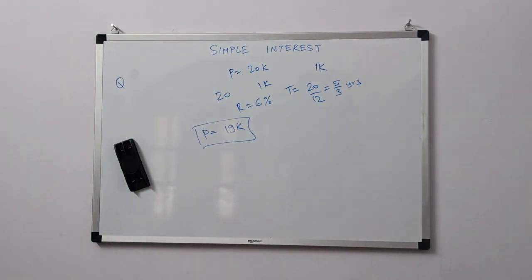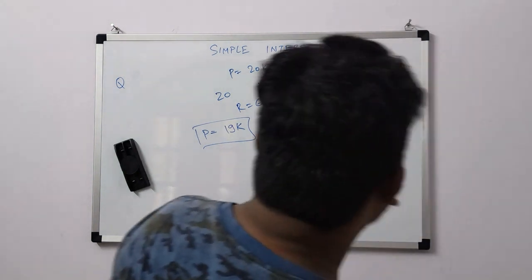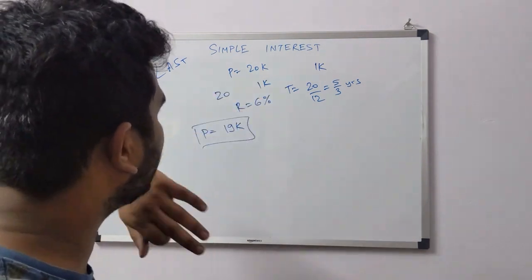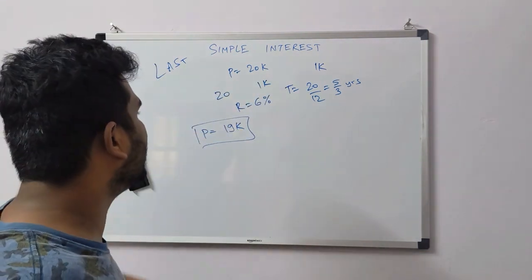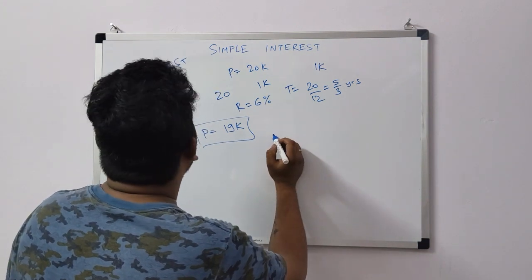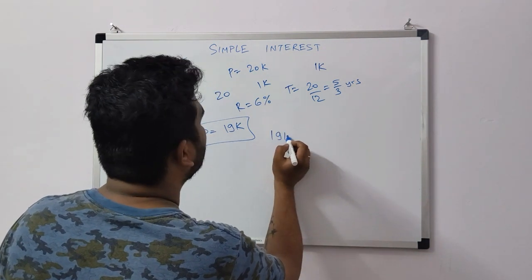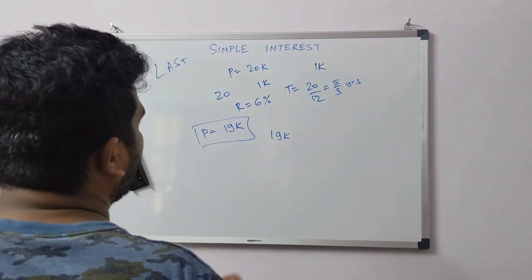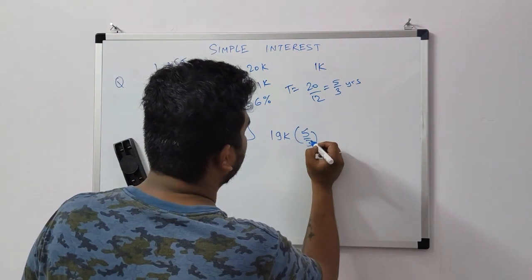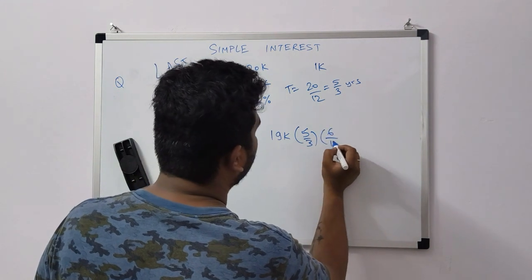Now it is asking me the value of the last installment covering the interest. What happened? First we gave 1,000, then we took a loan of 19,000 at this rate. Now, if we look at it, 19,000 is the principal. The time is 5 by 3. I know the rate is 6 by 100.